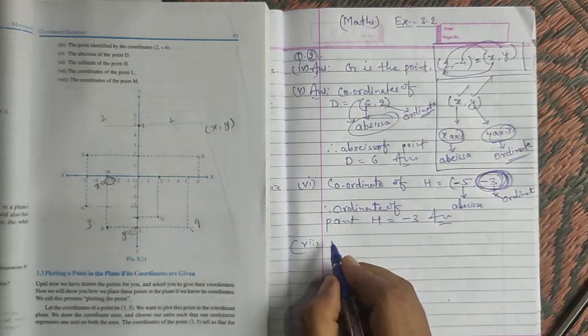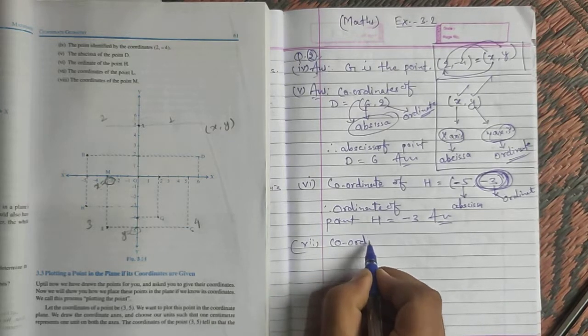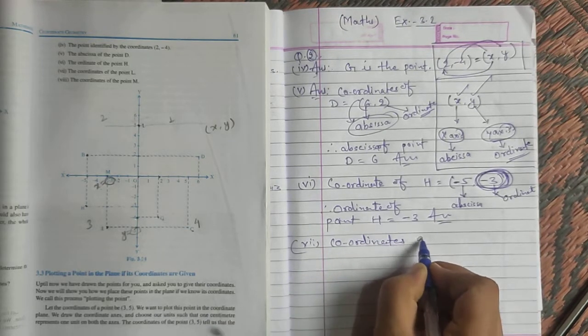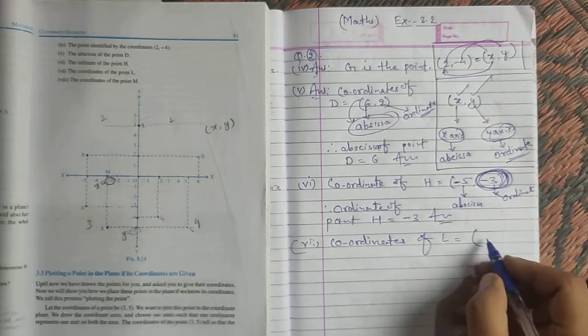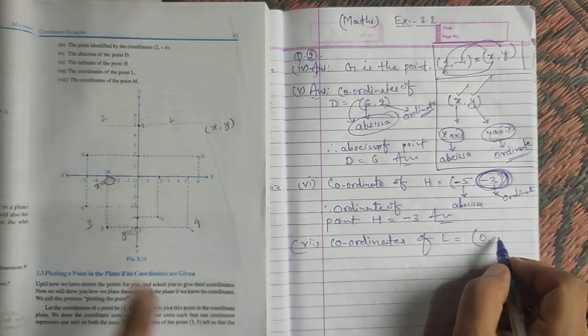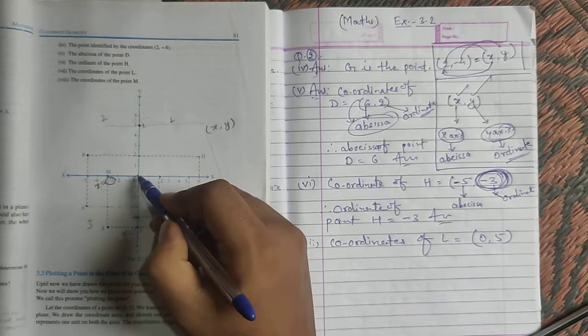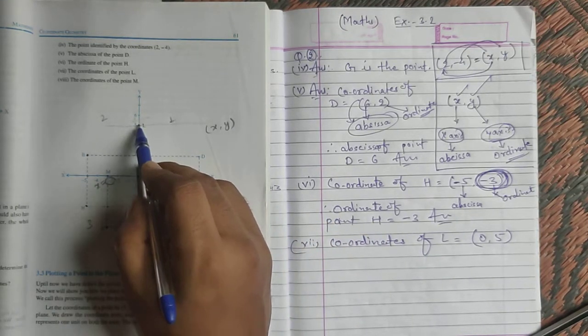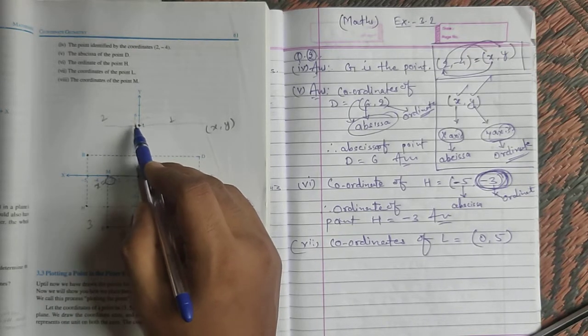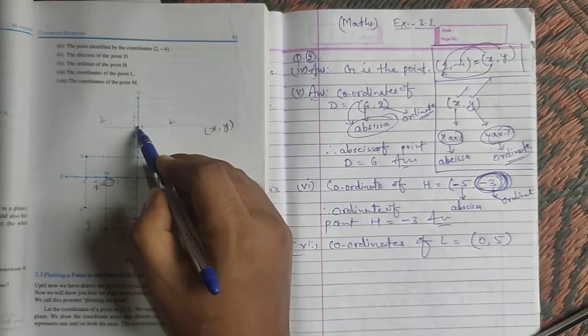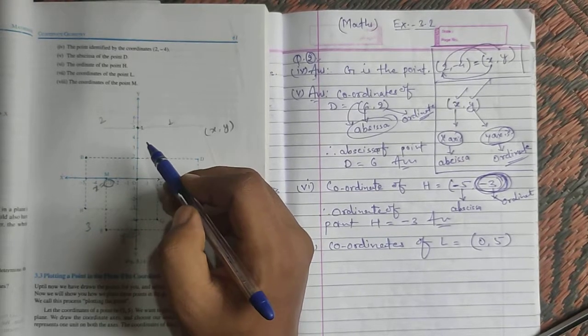So the coordinates of L equal to, in the place of x we put 0, and in the place of y positive 5. That means x is 0 because L is on the origin of the x axis, and on the y axis L is at 5.